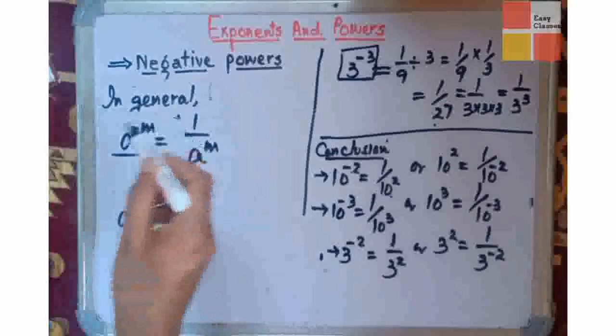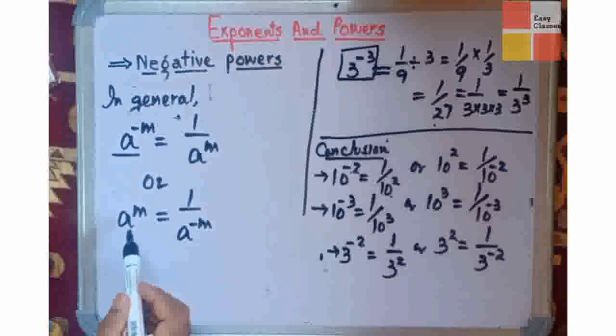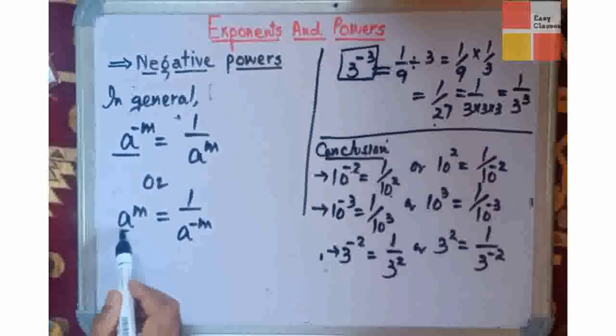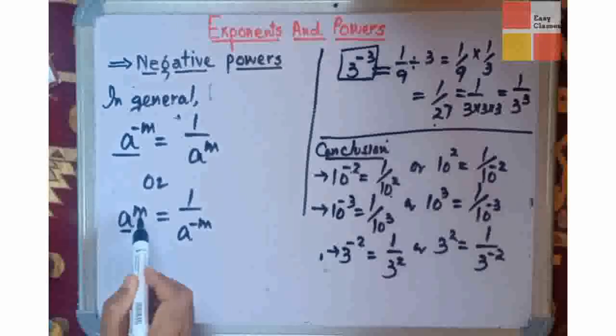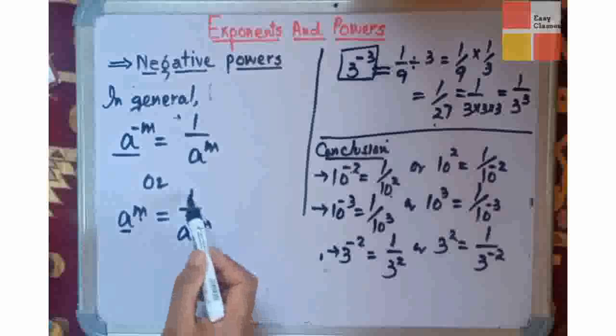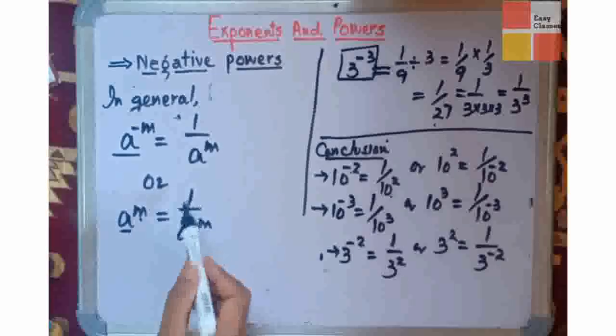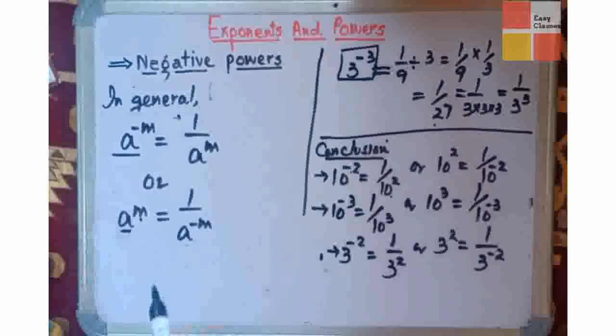We can put it the other way around: a non-zero integer a raised to power m, which is a positive integer, is equal to 1 divided by a raised to power minus m.